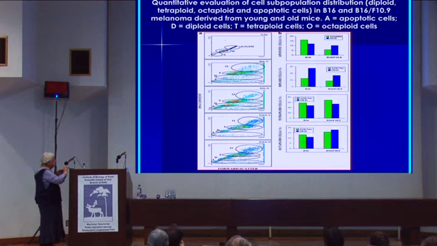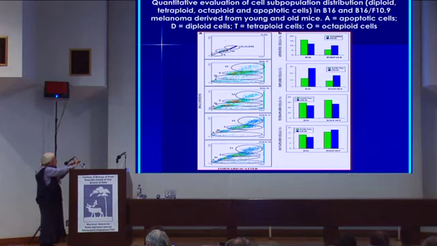What we did here, we calculated the various subpopulations of different ploidy, and you can see that a larger proportion of diploid cells is seen in old, the blue, than in cells from young mice, in both B16 melanoma and its variant B16F10.